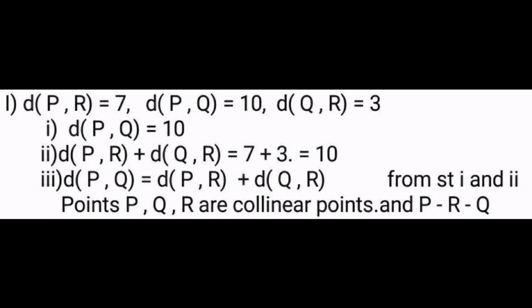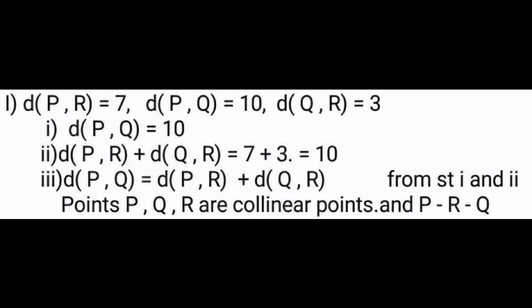Distance PR is equal to 7, distance PQ is equal to 10, distance QR is equal to 3. First, we'll find out which one is the greatest distance. Distance PQ is equal to 10 units. Therefore, distance PQ is the greatest distance. Then, the sum of the remaining two distances we'll find out, that is distance PR plus distance QR, 7 plus 3. Again, it is 10 units.